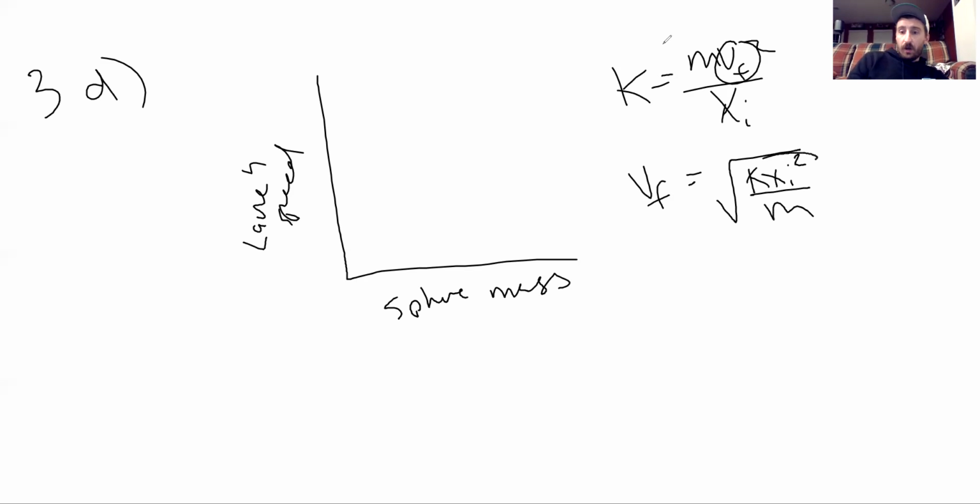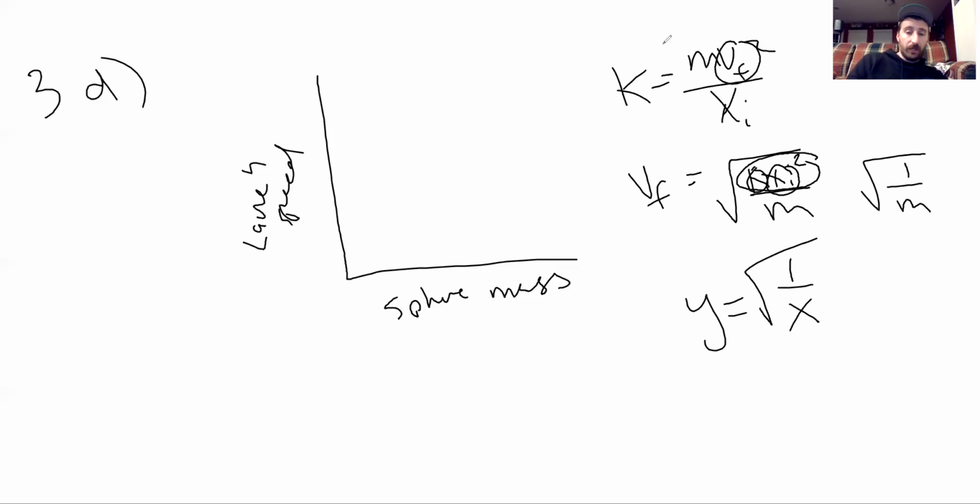So remember, these are constants, right? The K value is not changing. We're always shooting from position A. So in other words, we can just write it as 1 over M, right? So in other words, if I got a graph that looks something like this, all right, my graph doesn't matter, square root, whatever.